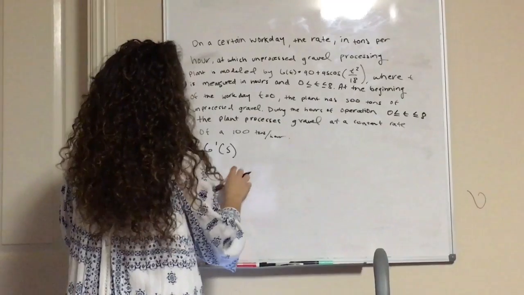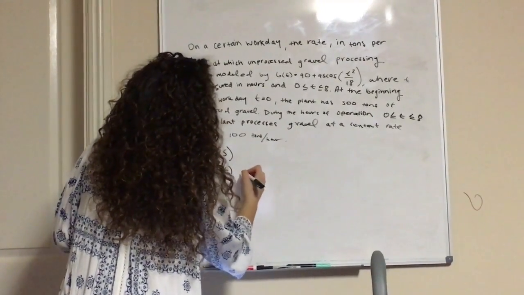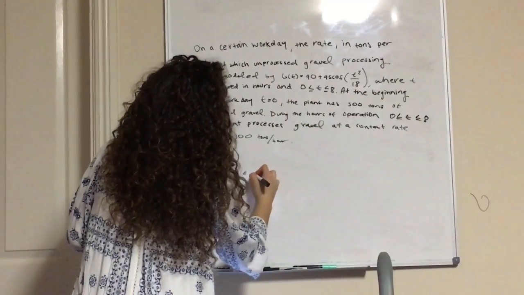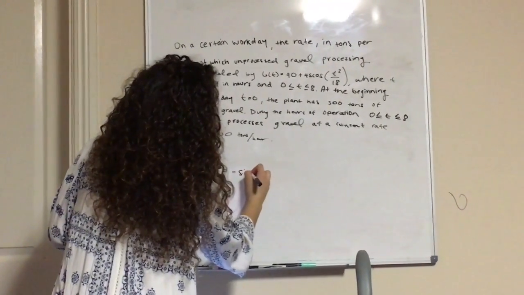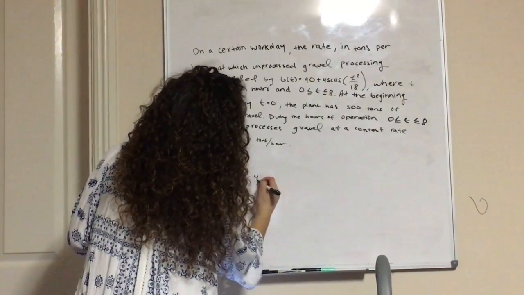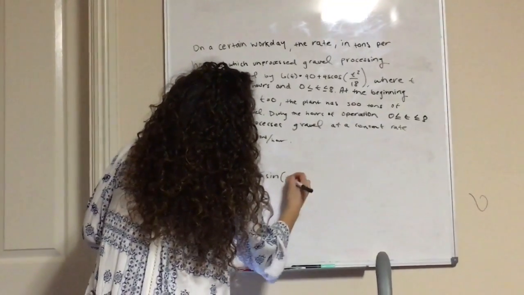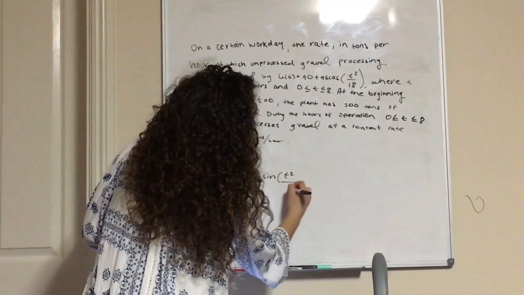So to do this, we have to find the derivative of G of t, which is negative 45 sine of t squared over 18.